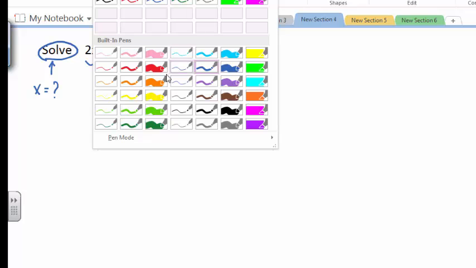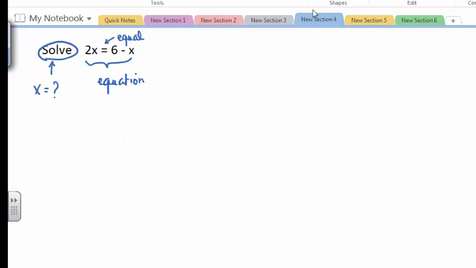So I'm going to choose a green color and draw 2 rectangles with green color. So again the question, why am I using 2 green, positive rectangles? Because I have 2 positive variables.